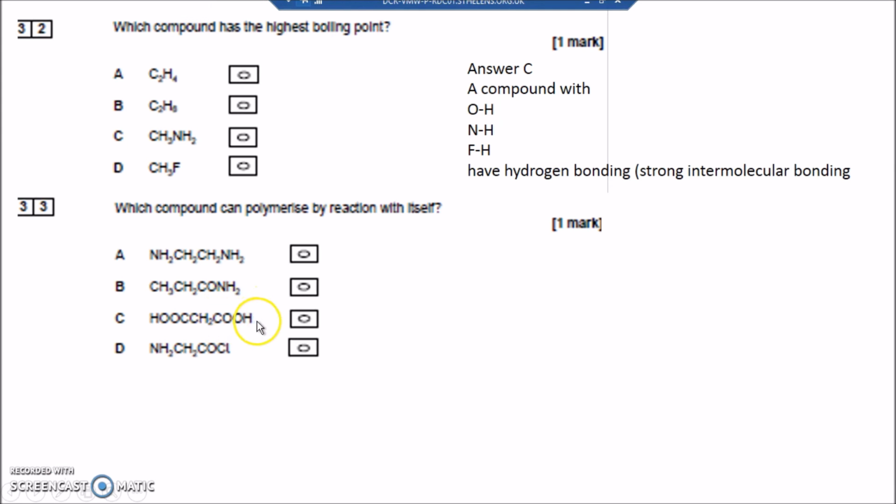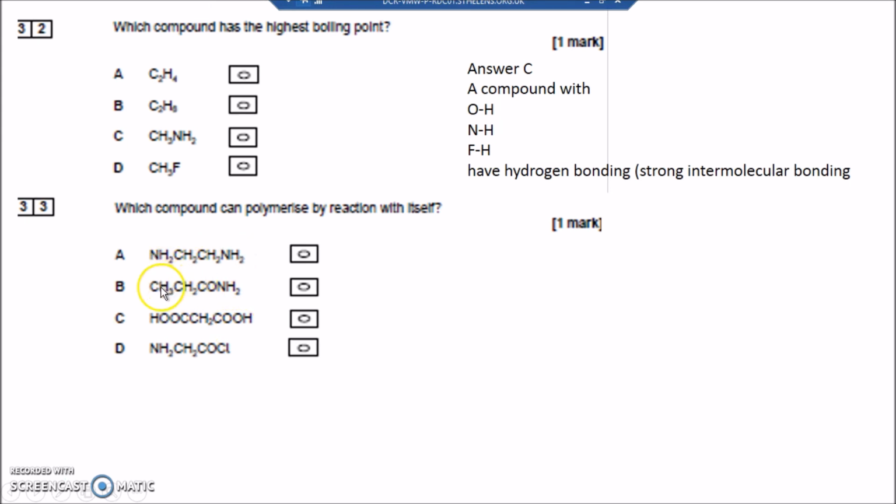You'd have a carboxylic acid group with an OH, would form an ester. You could have a carboxylic acid group with an NH2, which would form an amide, a polyamide. You could have an acyl chloride, a COCl, maybe with an NH2, that would form hydrogen chloride and would also form a polyester.